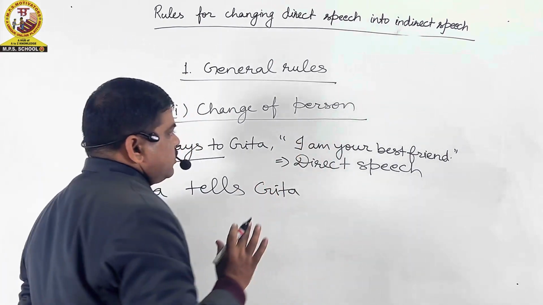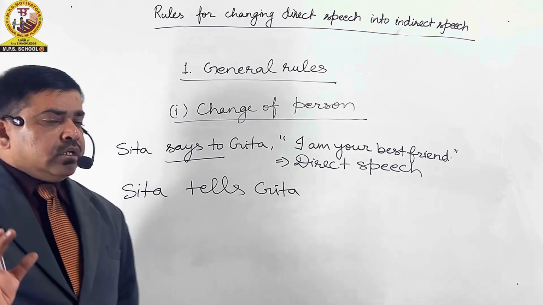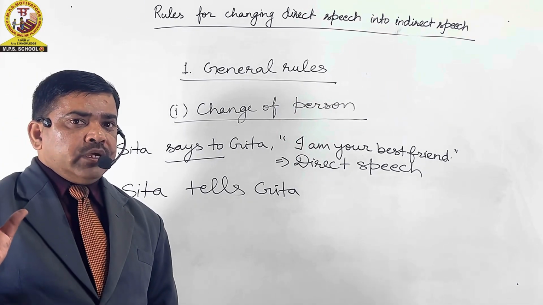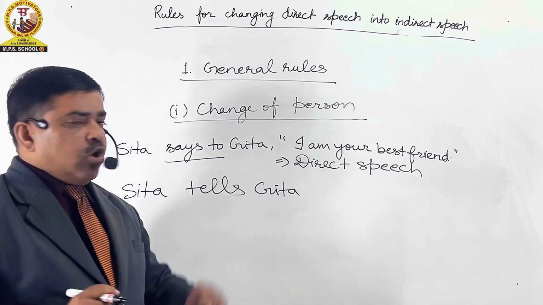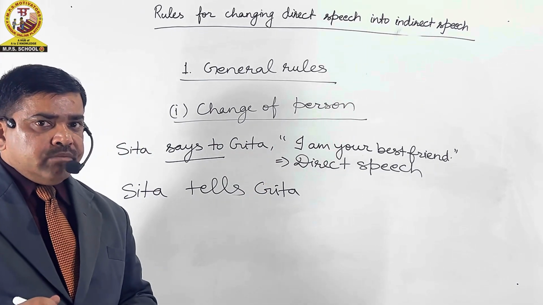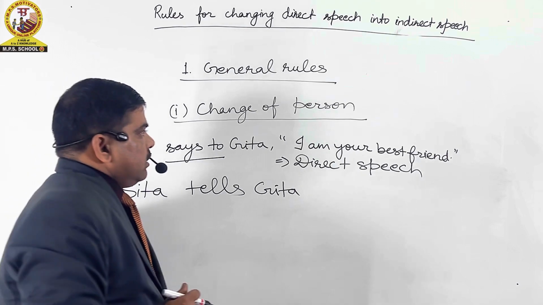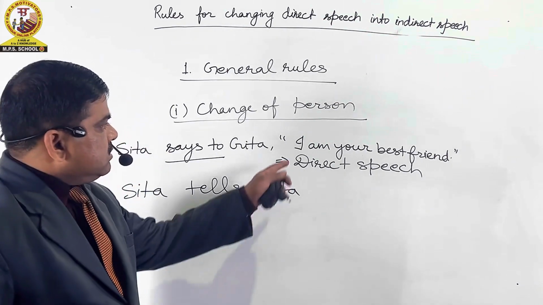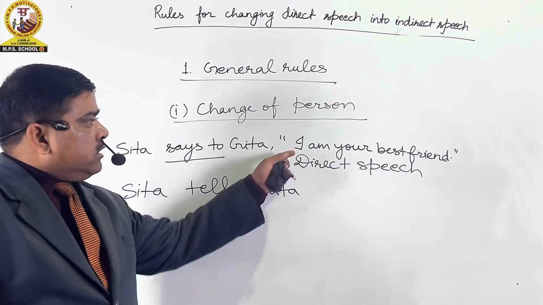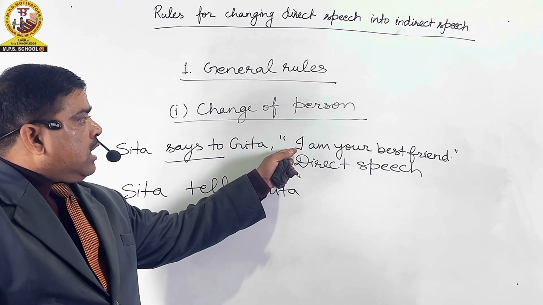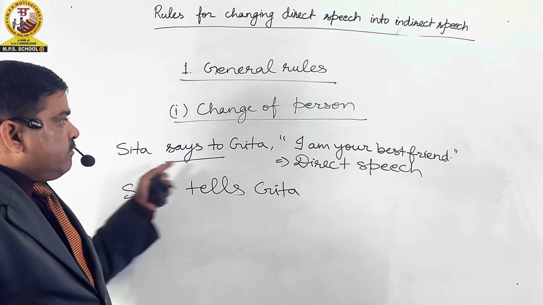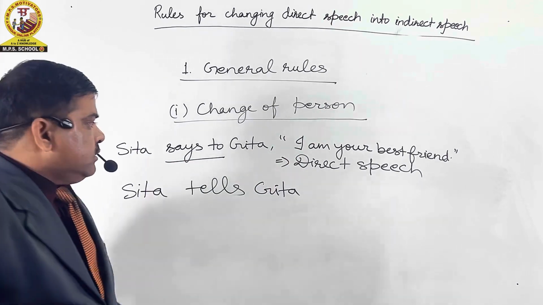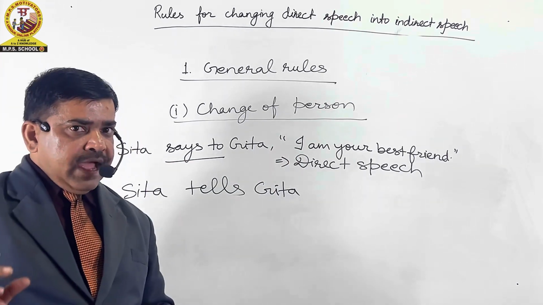Now we have to make changes in the part of reported speech. We will remove the comma and inverted commas. Thereafter we see that the first person I will be changed according to the subject Sita, so it will change into she. But before it we will use that.